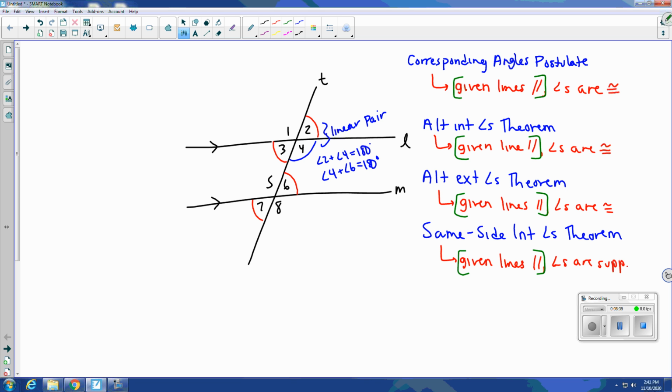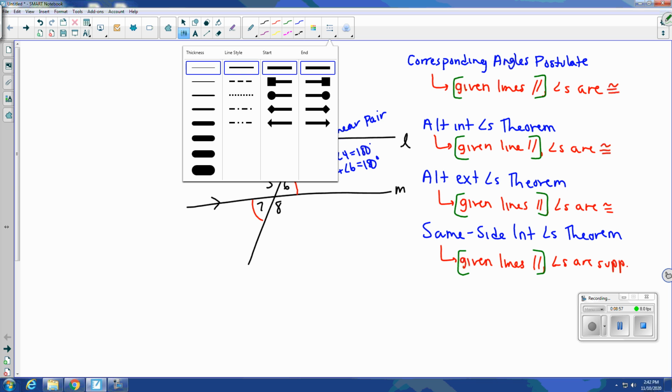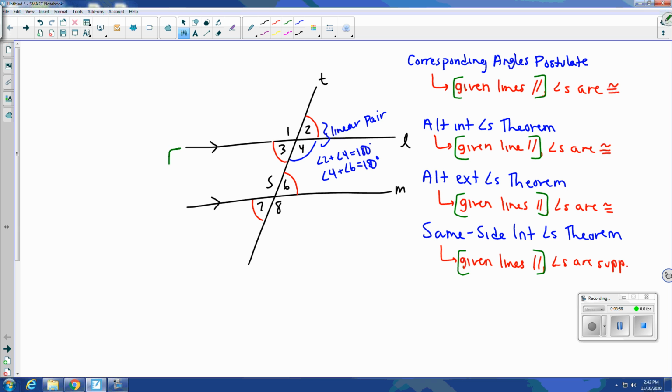In a quick review of our angle types, 4 and 5 are alternate interior. So corresponding, we already discussed, are the angles in the same respective location in their groupings. Alternate interior are angles that are on opposite sides of the transversal, but on the interior of the two lines. So just keep in mind that there is the interior, and then you have the exterior, which would be the locations above and below.